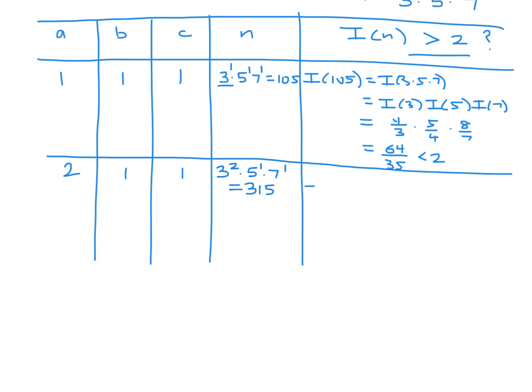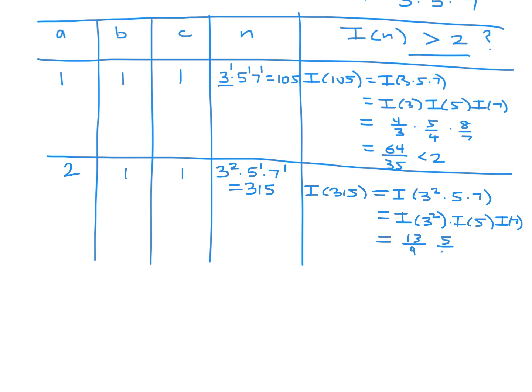The same story: I of 315 would be I of 3 to the power of 2 times I of 5 times I of 7. You can easily calculate this. This would be 13 over 9. I think we even did this one before.